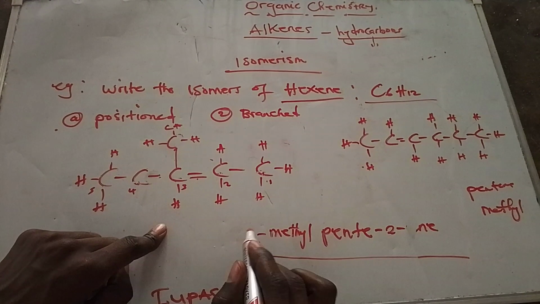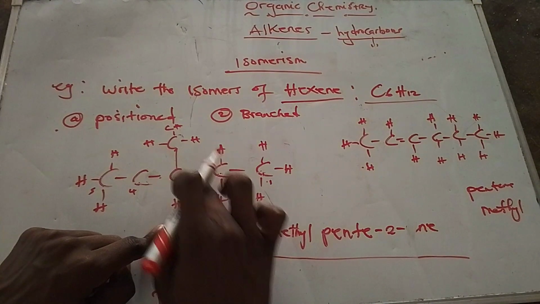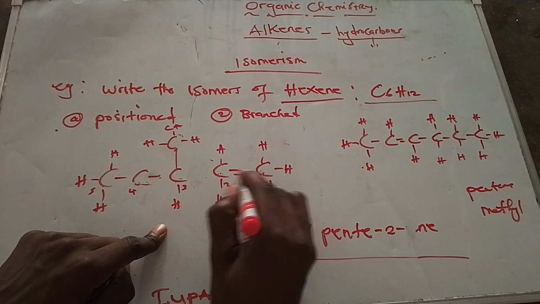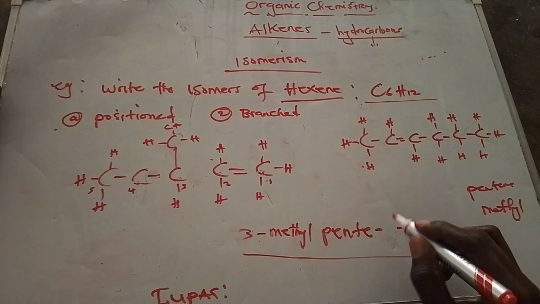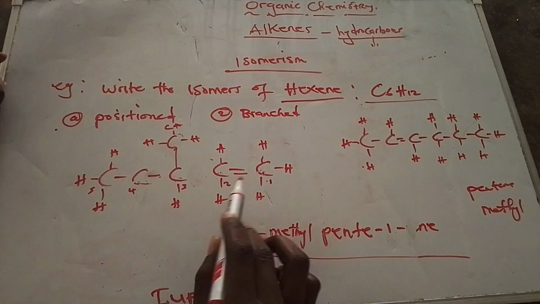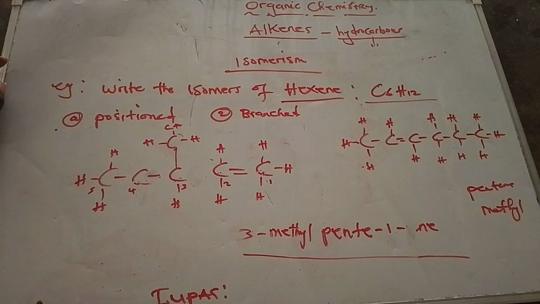So here I'll put 3. If I decide to move this one and put it here, here I'll change, I'll put 1 because this double bond is touching carbon number 1. So this is alright, a branched isomer and a positioned isomer.